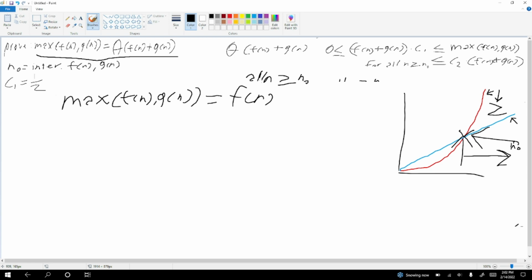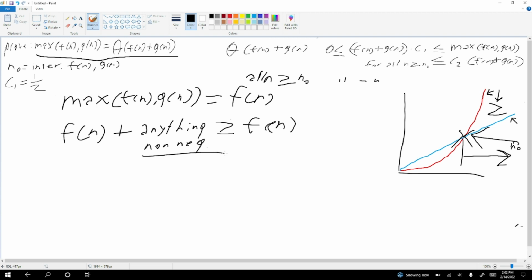And we also know that f of n plus anything that's not negative is greater than or equal to f of n.